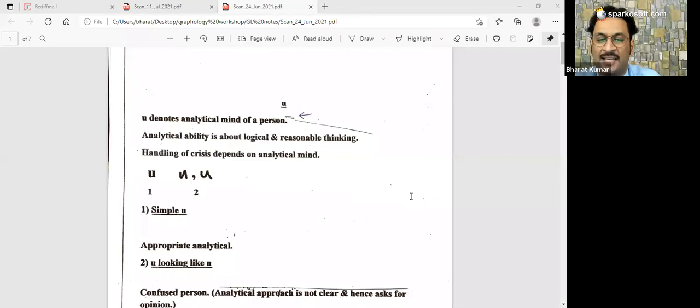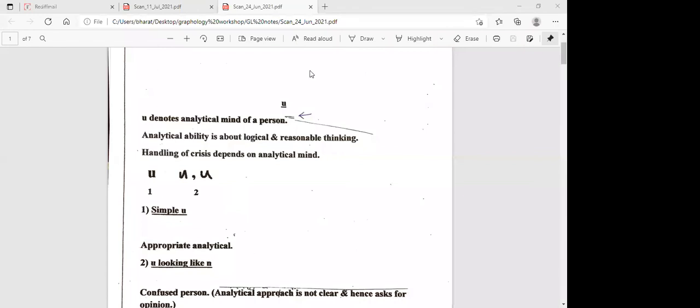Okay, so check type 1. These people have appropriate analytical behavior. They have an appropriate analytical nature. They are actually good analysts in their behavior. If you give them any condition, they will analyze the situation with great excellence.